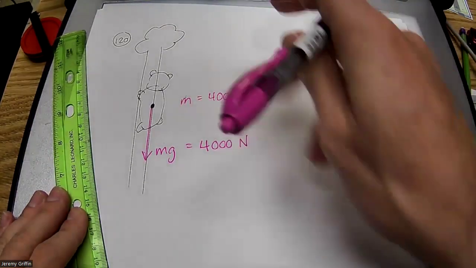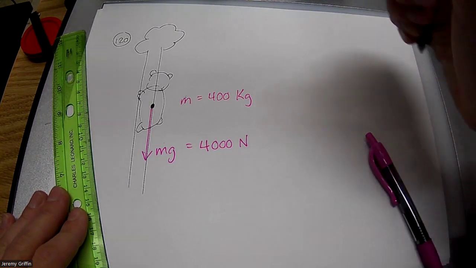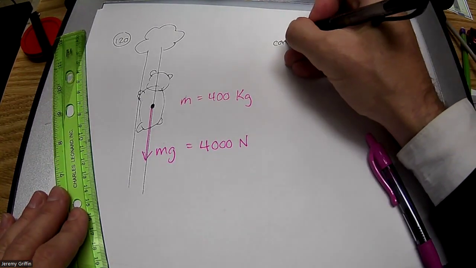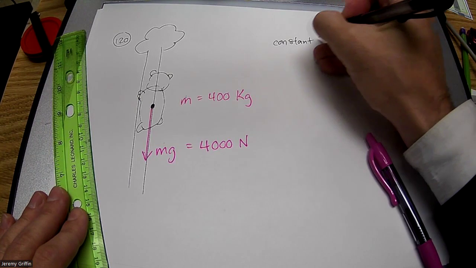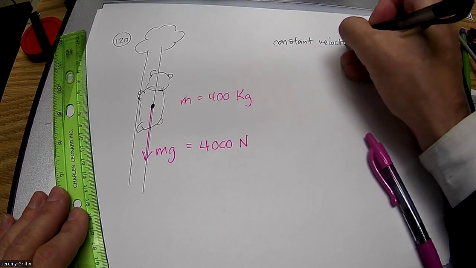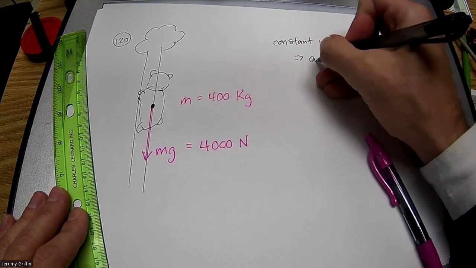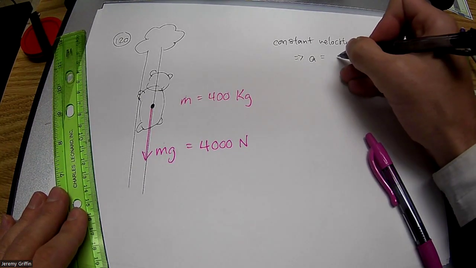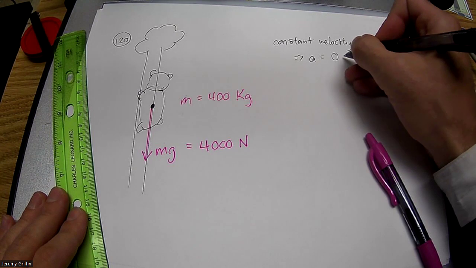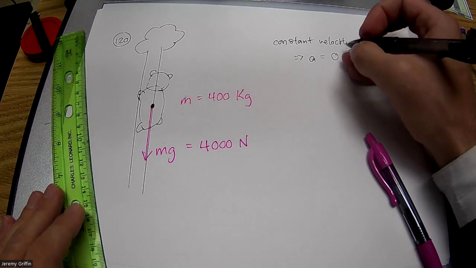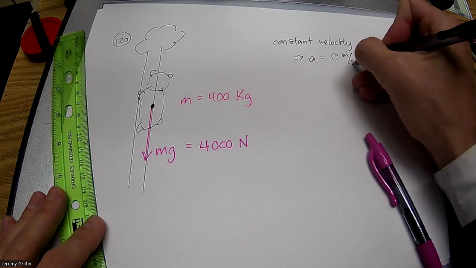Okay. If he's sliding down at constant velocity, constant velocity means that the acceleration is equal to what? 0 meters per second squared.